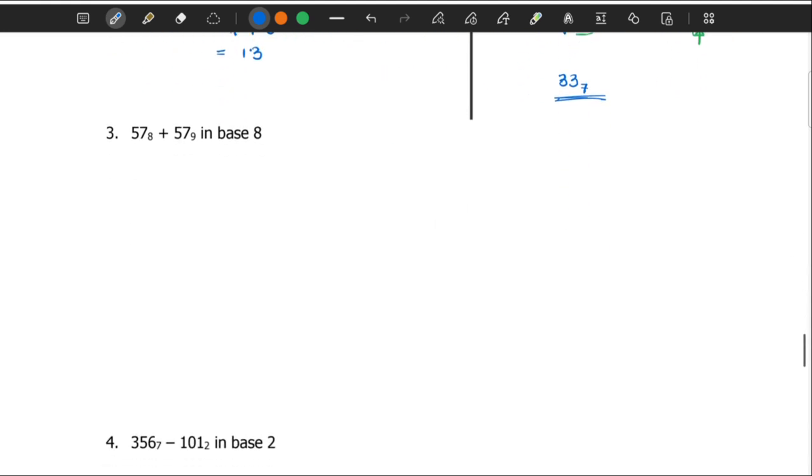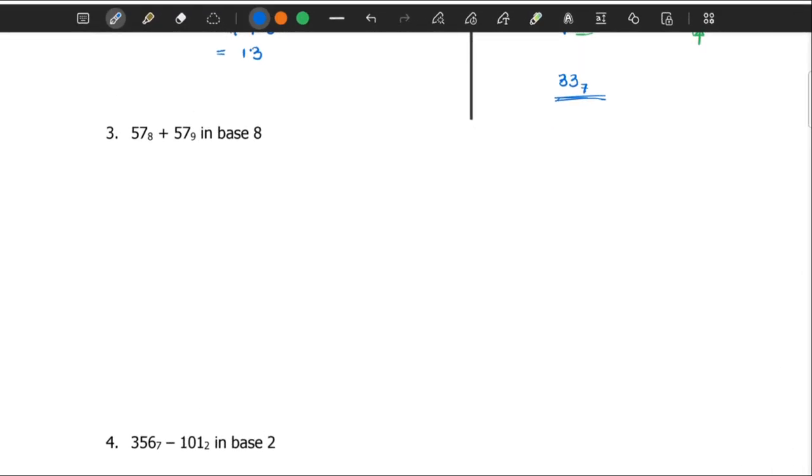And then the next question, it says 57 base 8 plus 57 base 9 in base 8. So here how you'd go about it is change 57 base 9 to base 8, because one of them is already in base 8, so only one of them needs to be changed to base 8.